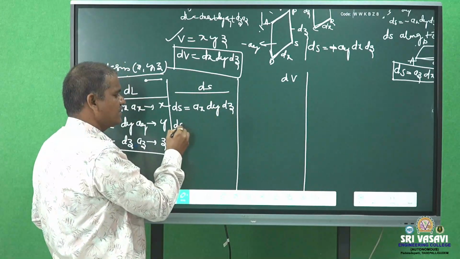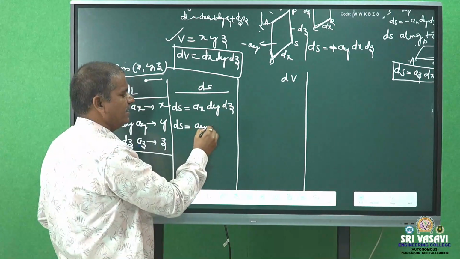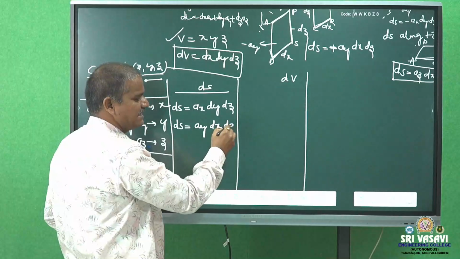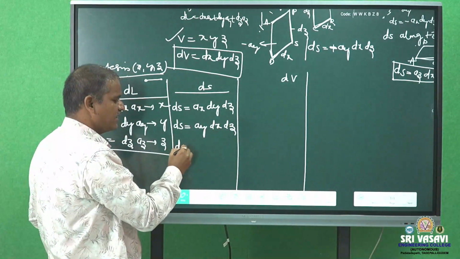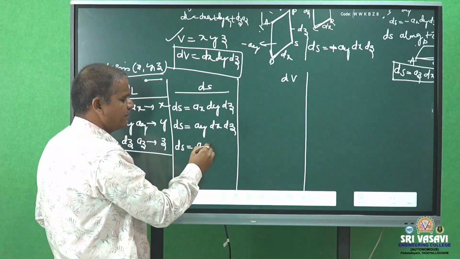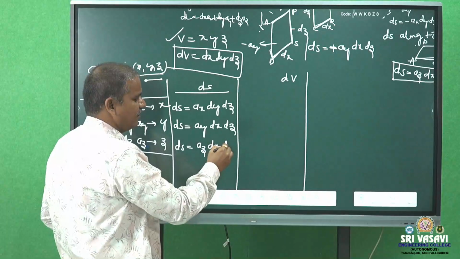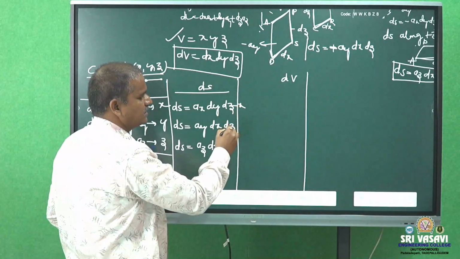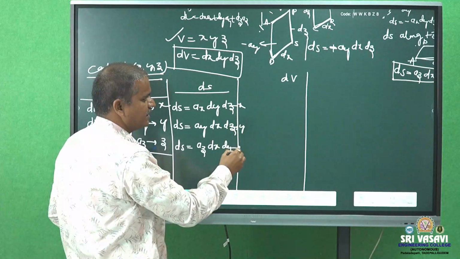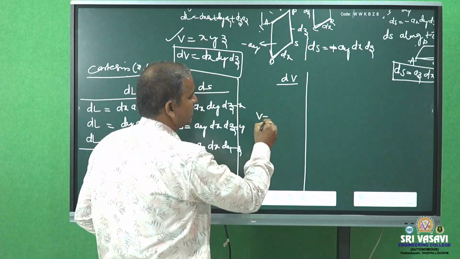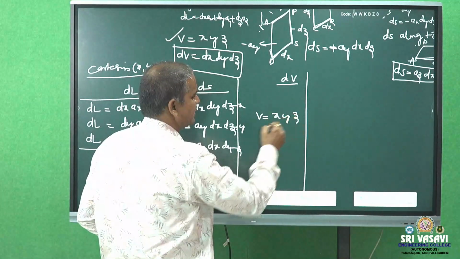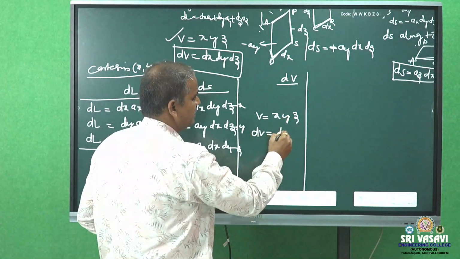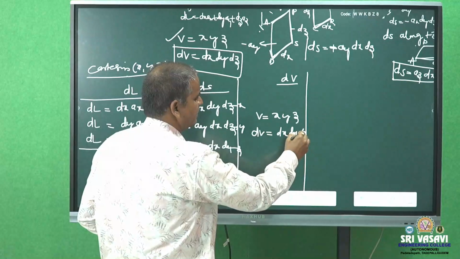Next, differential surface along y direction, ay, dx and dz. Differential surface along z direction, az, dx and dy. Then volume V becomes x, y, z, that is dV is equal to dx, dy, dz.